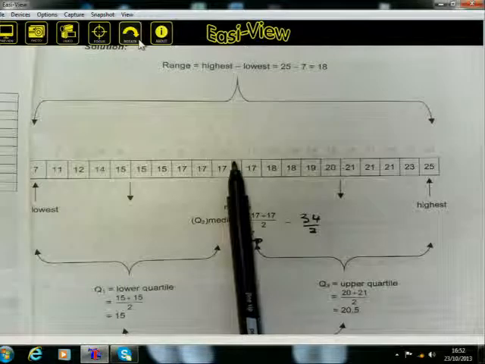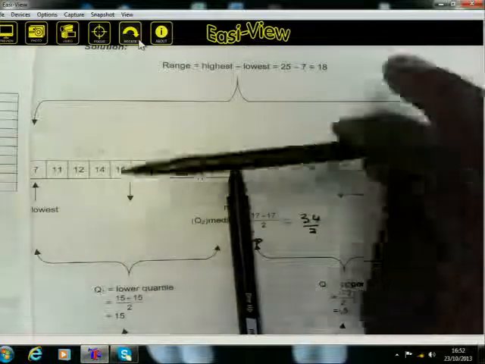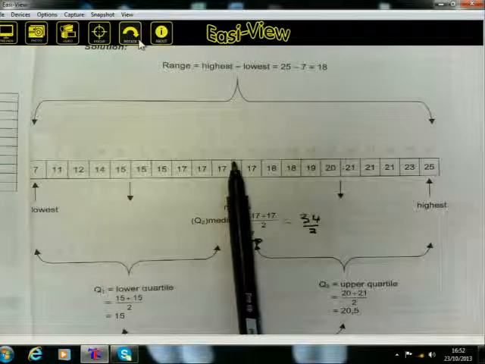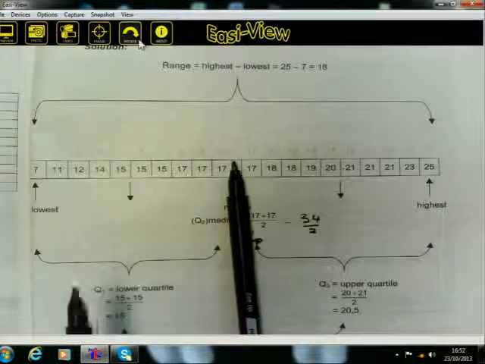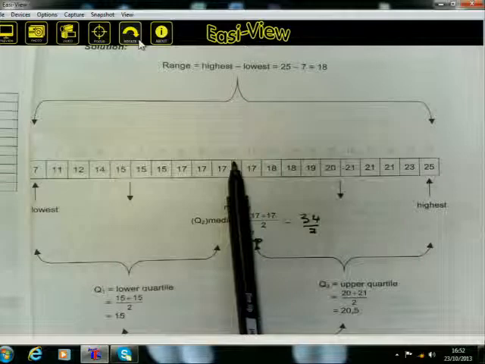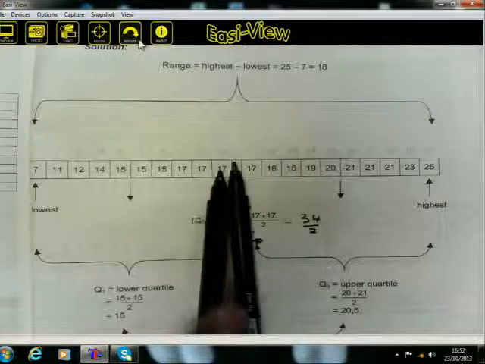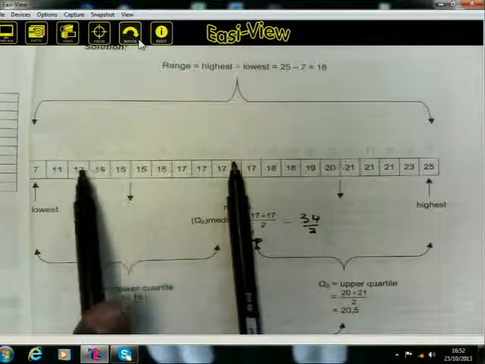Remember, to get the lower quartile, you check the middle number from the left-hand side of the median. Now let's check how many numbers we are having. It's 1, 2, 3, 4, 5, 6, 7, 8, 9, 10.